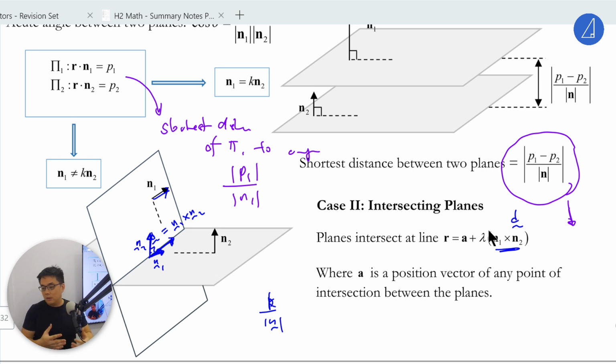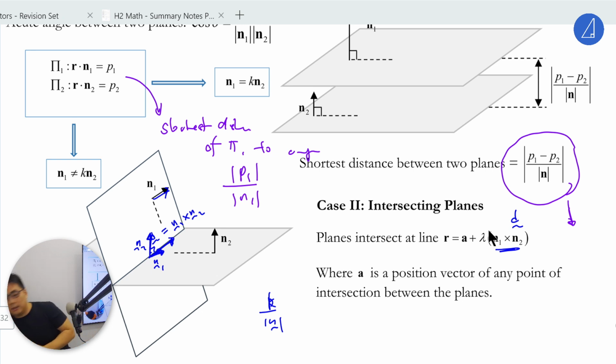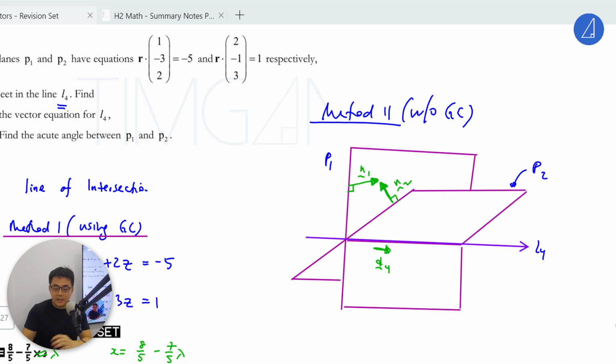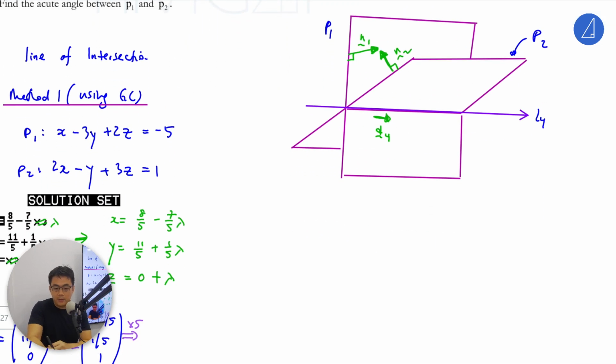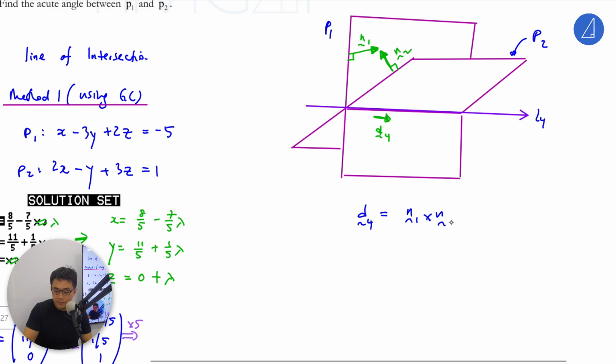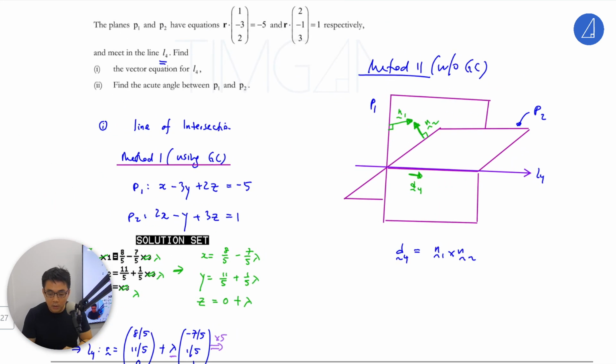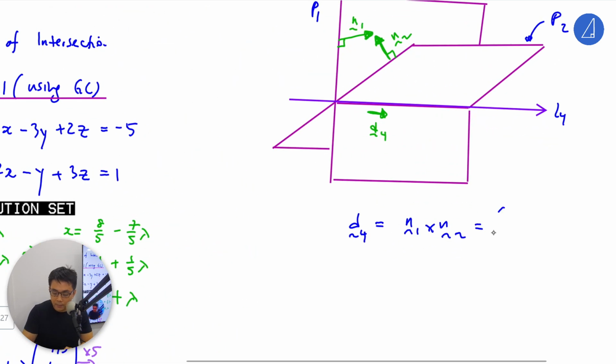So just a recap: this direction D4 is definitely parallel to N1 cross N2, so you just cross them.